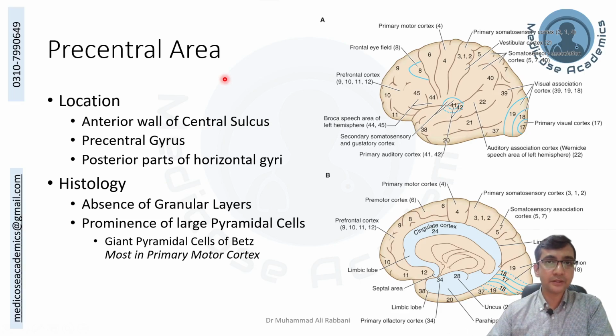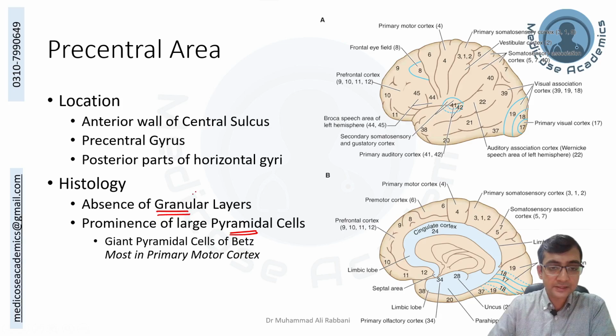Layer 2 granular, 3 pyramidal, and then internal granular, internal pyramidal. In all the areas that are motor in function, the pyramidal cells are prominently present, and granular cells are absent. So these motor areas will have absence of granular layers and prominence of pyramidal layers.